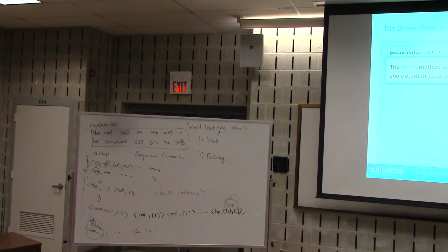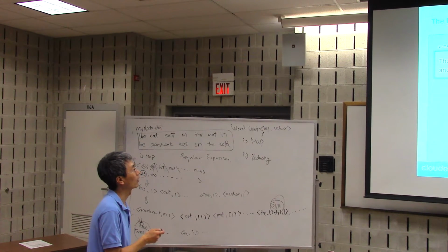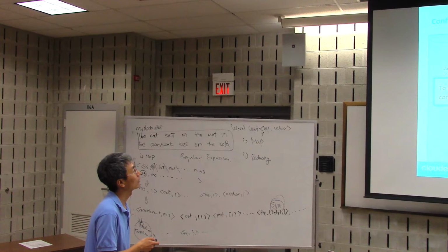Then this is the class, the main method, public static, and throws Exception in case of exceptions, right? We have two arguments, 1 and 2. If you do not specify them correctly, it will end.